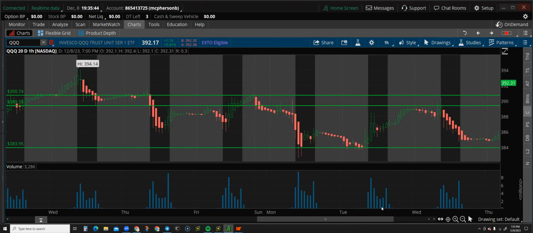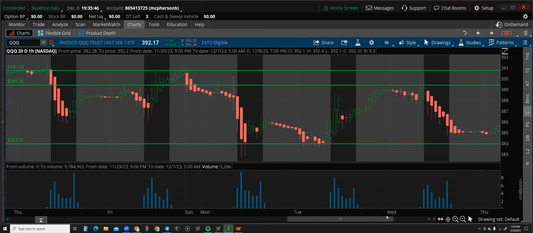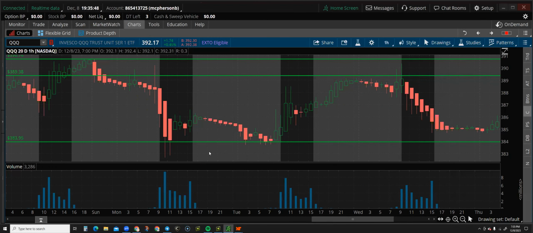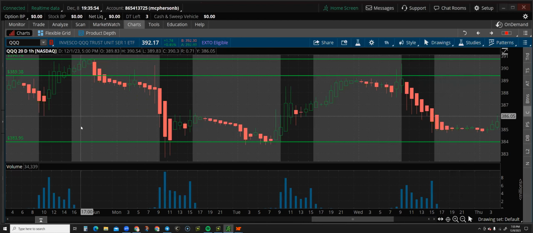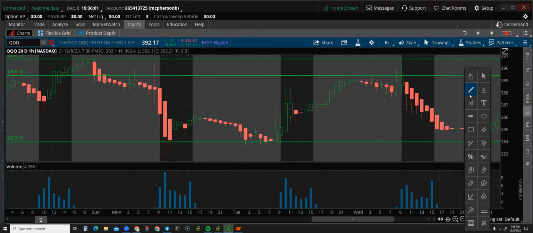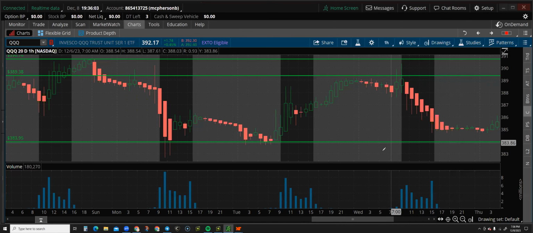Okay. Now here's a pop quiz. What has shown up in our line? What candlestick pattern has shown up in our line? Not a W. Hold on.